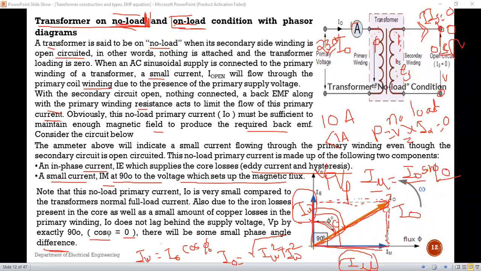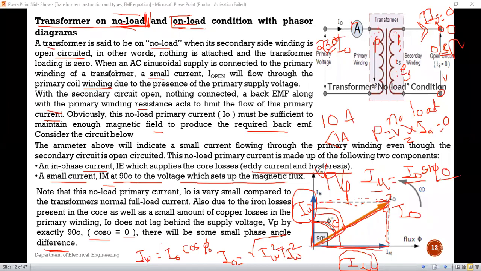There are some points to be noted from the no load condition. First, the no load primary current is very small as compared to the full load primary current, near about 1% of the rated current.